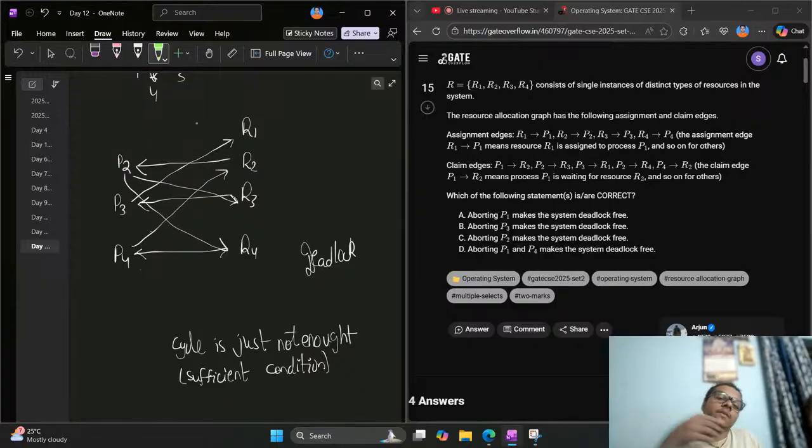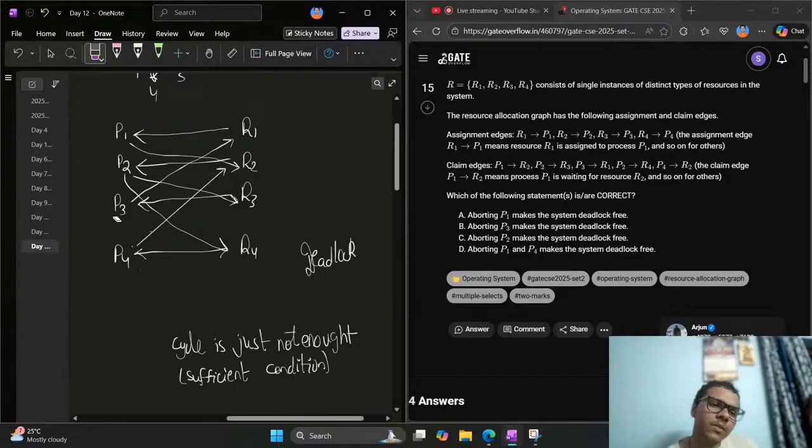P4 to R2. So now what if you remove P1? Now how can you detect a cycle with this algorithm? 1, 2, 3, 4. But I started from here. 1, 2, 3, 4. That's not a cycle. 1, 2, 3, 4. That's a cycle. Okay, got it. And now what if you remove this one, P2?